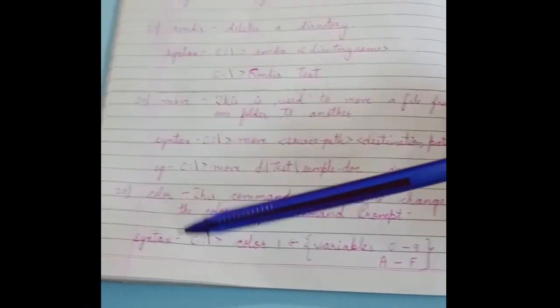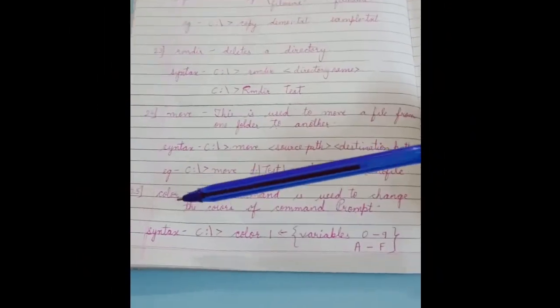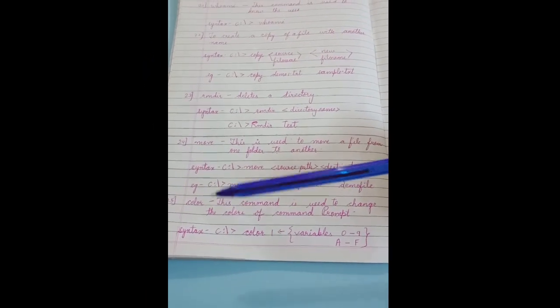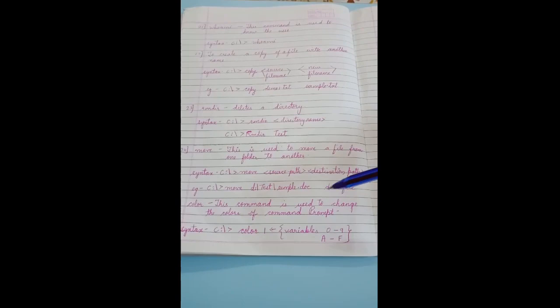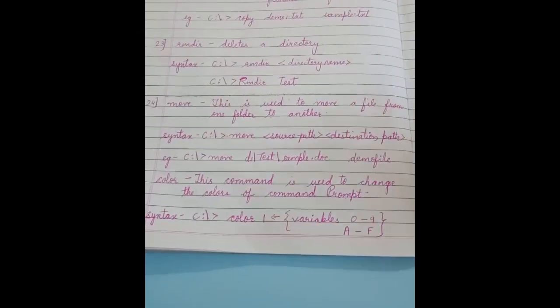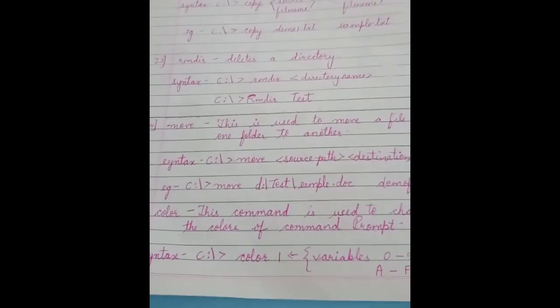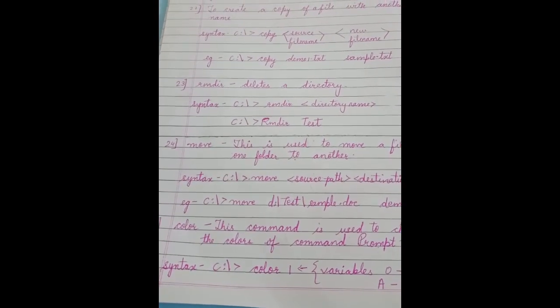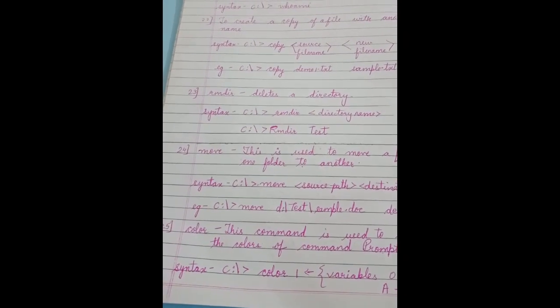Last command is the color command. This command is used to change the color of the command prompt. The color command is used to change the text color and also the background color of Cmd.